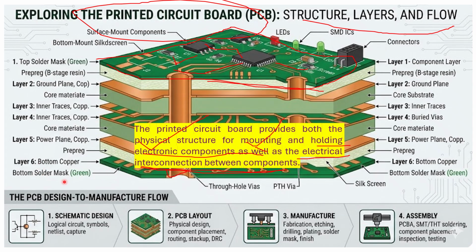Below that, the bottom solder mask layer is there. On one side you are going to mount the components, on the other side the layers may be there, and the connections are provided. So these are the techniques of this PCB, and here is the overall view of the PCB.